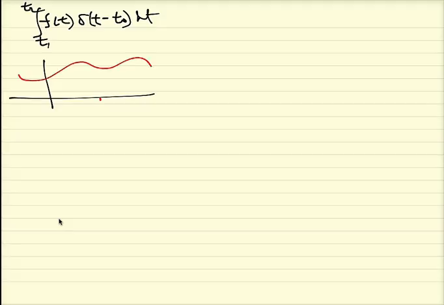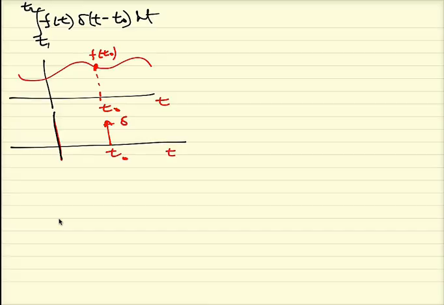At t naught, you get the value f(t naught), and you have an impulse at t naught. This is the shifted impulse delta(t minus t naught).